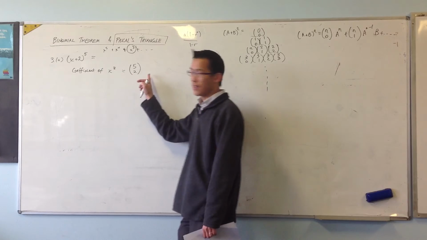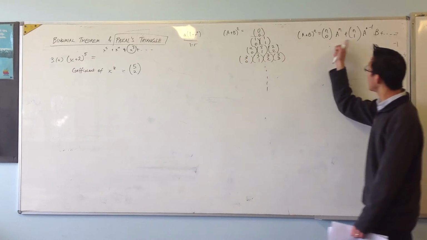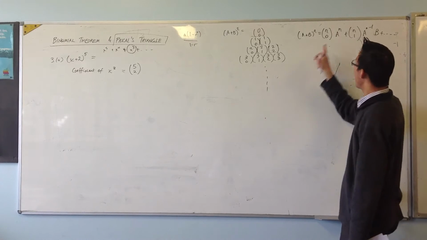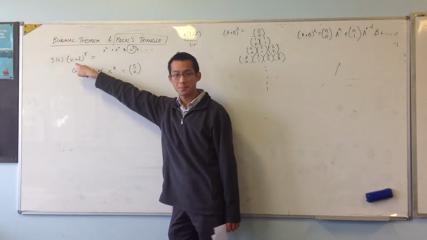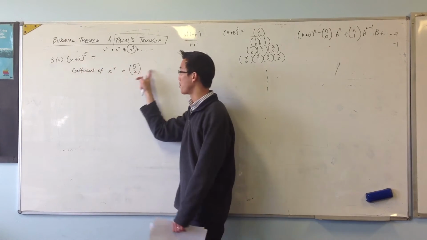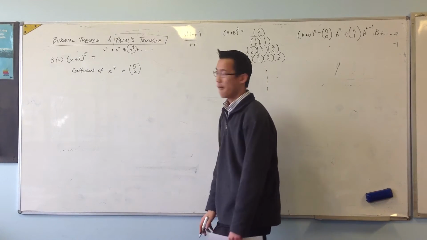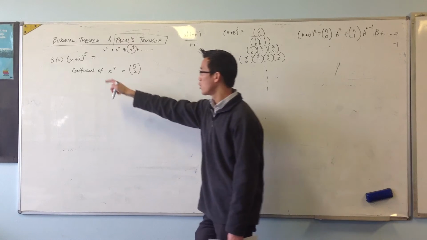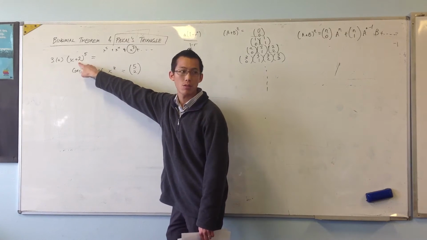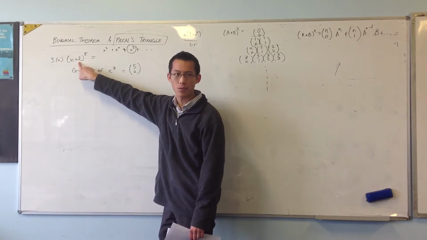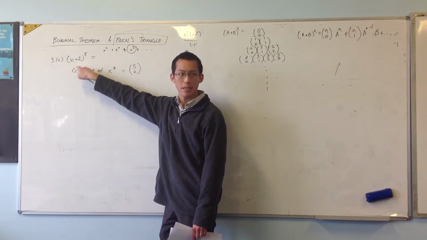Now, you're going to get this combination of the a and the b in differing amounts. The a here is our x, so I don't actually want that in here. I want the coefficient of x cubed. But you don't just get the x cubed, you also get some of this guy. Now the question is, how many of him do I get? What power do I have to raise him to? The answer is 2.